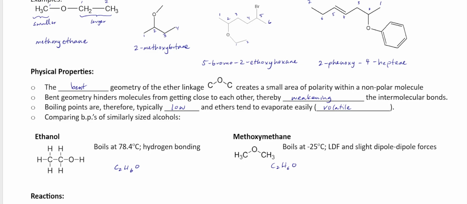So these are actually what we call structural or constitutional isomers. But because of the bonding structure, you can see that ethanol has the ability to form hydrogen bonds where methoxymethane does not, and therefore has the much lower boiling point.